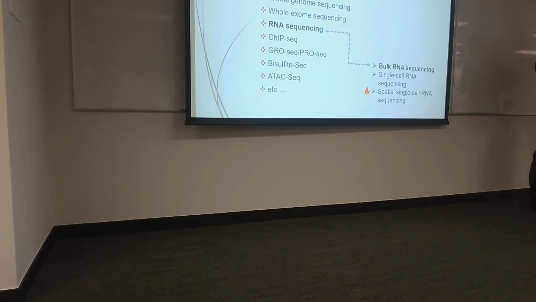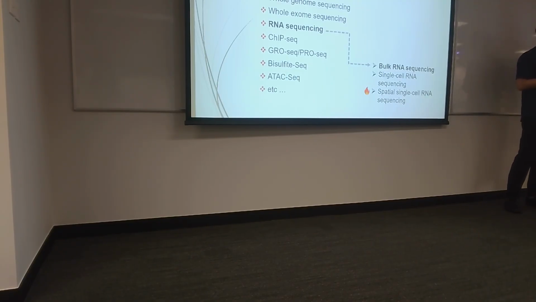And single cell sequencing actually goes one step further. So we will isolate the whole sample into the single cell level. Then you can measure the expression level of different genes in different cells. Okay, single cell sequencing. More recently, and very popular nowadays, is spatial, single cell level, or sometimes subcellular level sequencing.